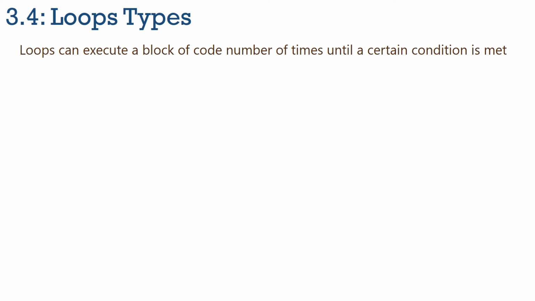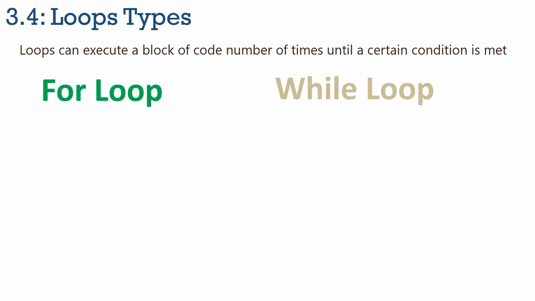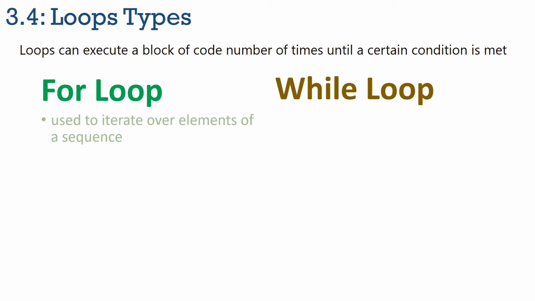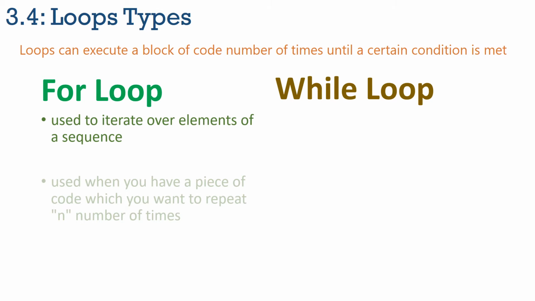Loops can execute a block of code a number of times or until a certain condition is met. We have two statements, for loop and while loop. A for loop is used to iterate over elements of a sequence and used when you have a piece of code which you want to repeat n number of times.